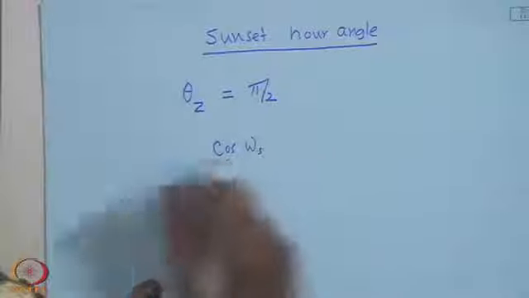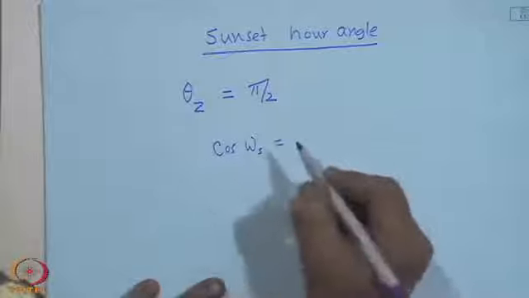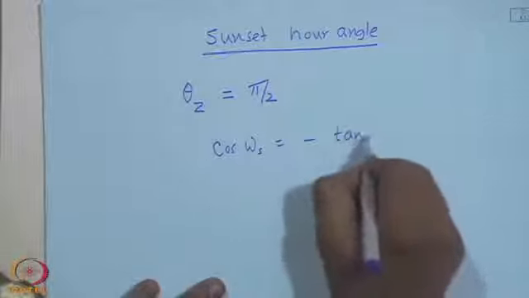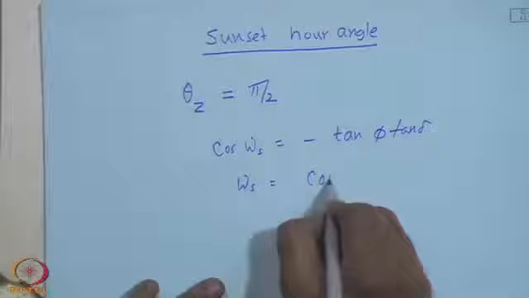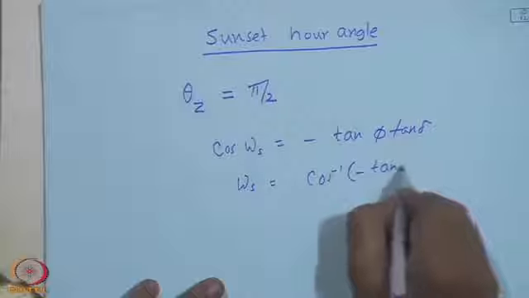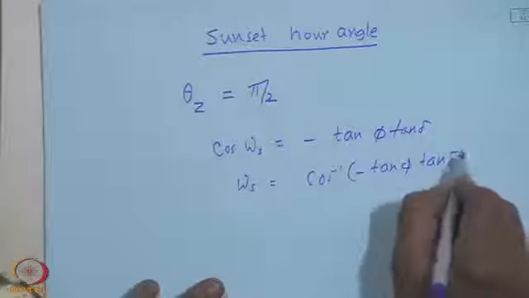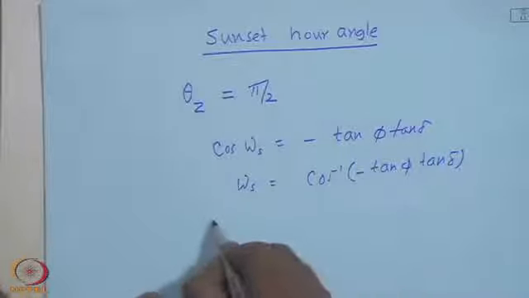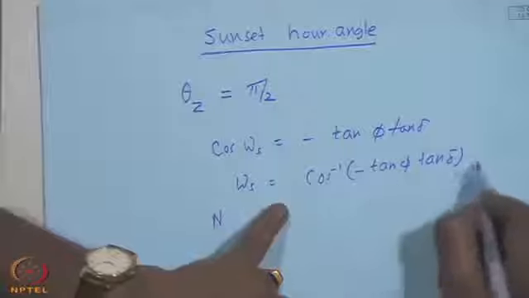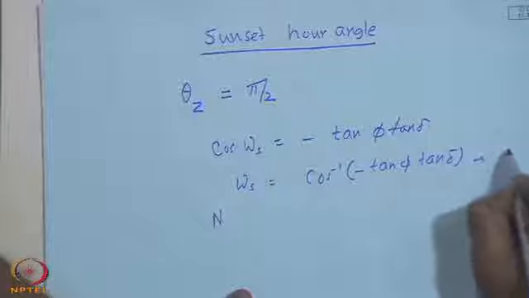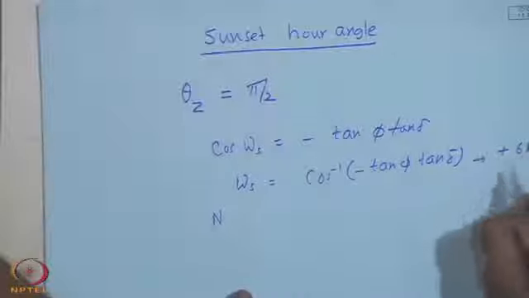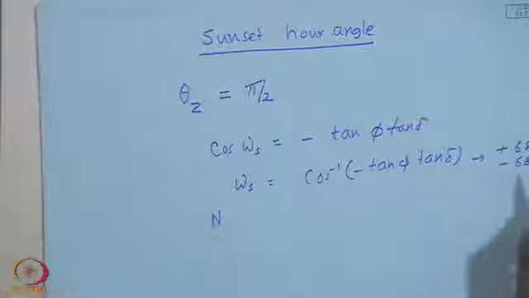Then if you solve that for theta z, you will get cos omega s, the value of omega for which the sun rises or sets, which is minus tan phi tan delta, and omega s will be cos inverse of minus tan phi tan delta. Now, number of sunshine hours. So, this can be plus or minus, right. I can have an answer, for example, for a certain location, it will be plus 68, minus 68. Agreed?